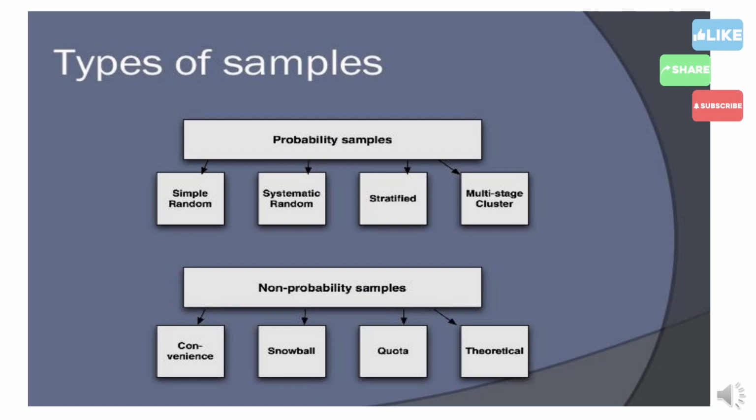Now, types of sample. In this we have probability sampling, which has different types, like simple random, systematic random, stratified, and multi-stage cluster. A non-probability sample includes convenience, snowball, quota, and theoretical. These are the non-probability samples.